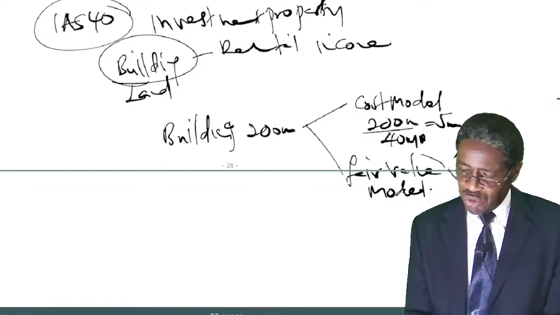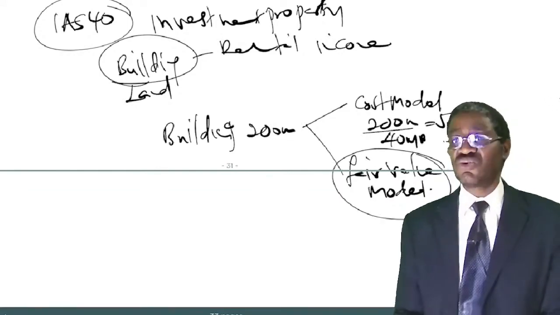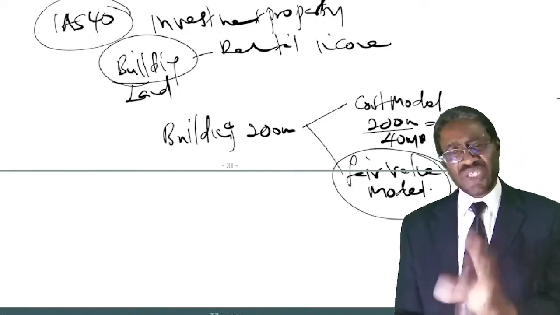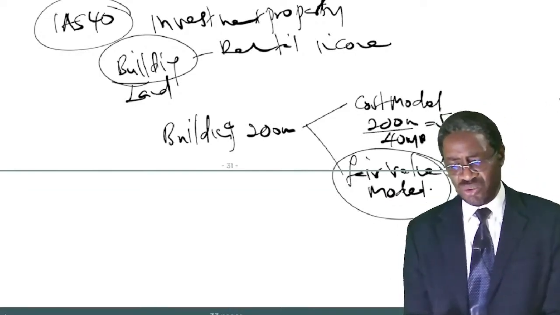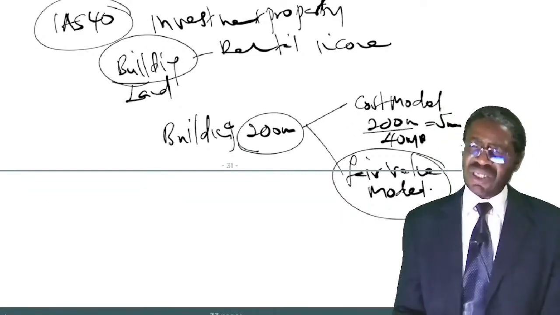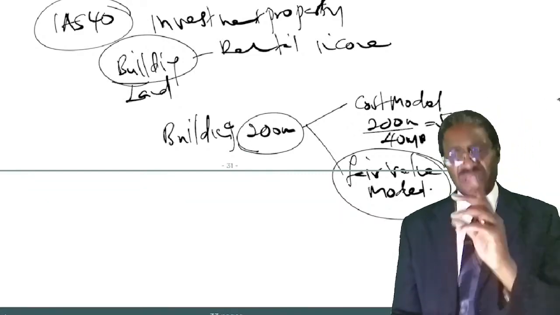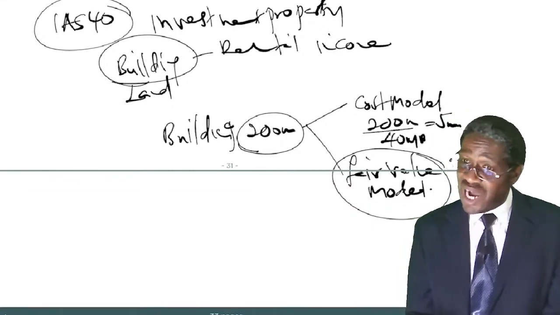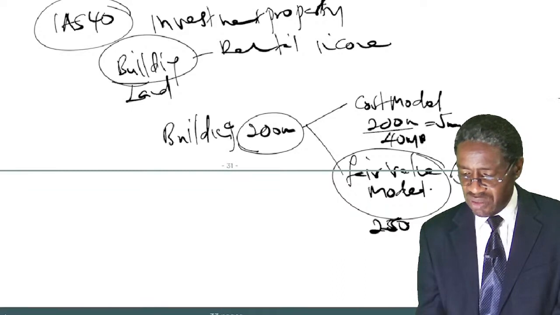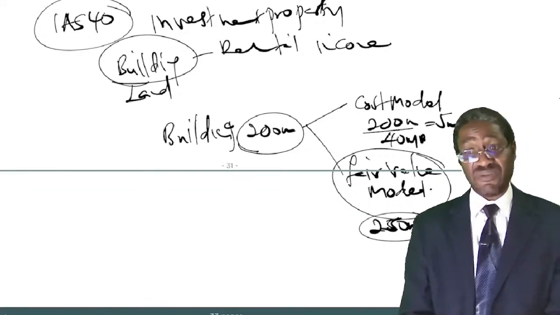The second approach is what we call the fair value model. This building cost you 200 million. You may find out that by the end of the year, this building has a fair value or a market value of 250 million. That's the fair value.